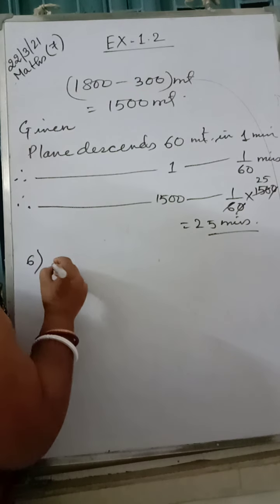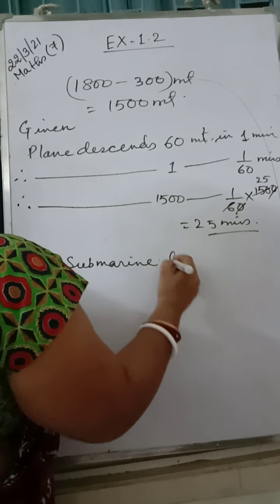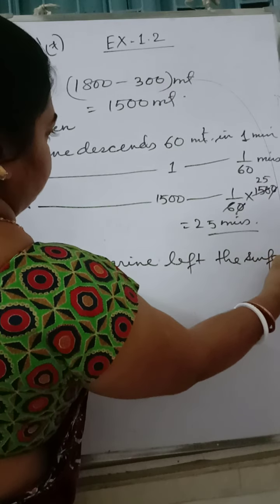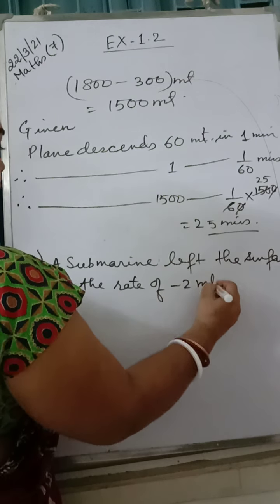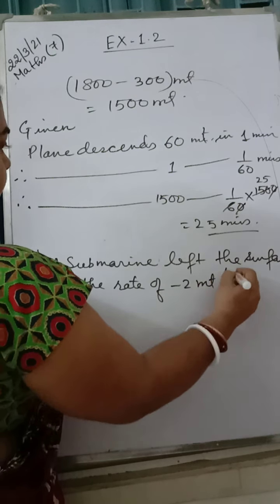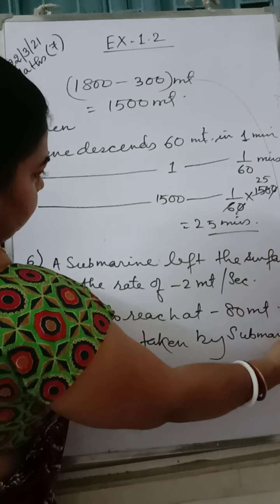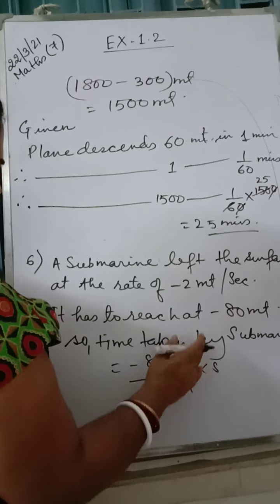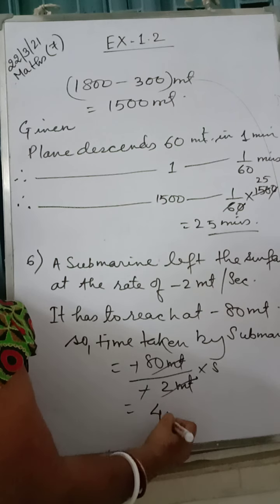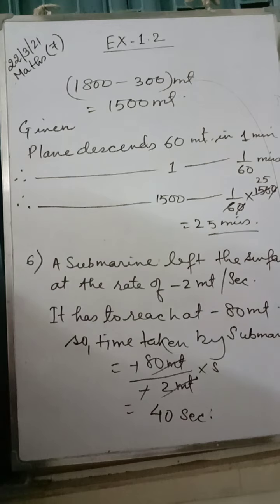So the time taken by the submarine is minus 80 meter divided by minus 2 meter per second, so 40 seconds it will take to reach the level of minus 80 meter.